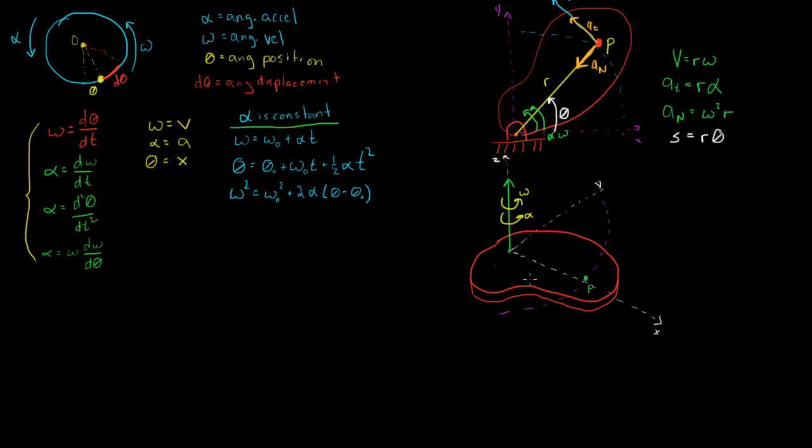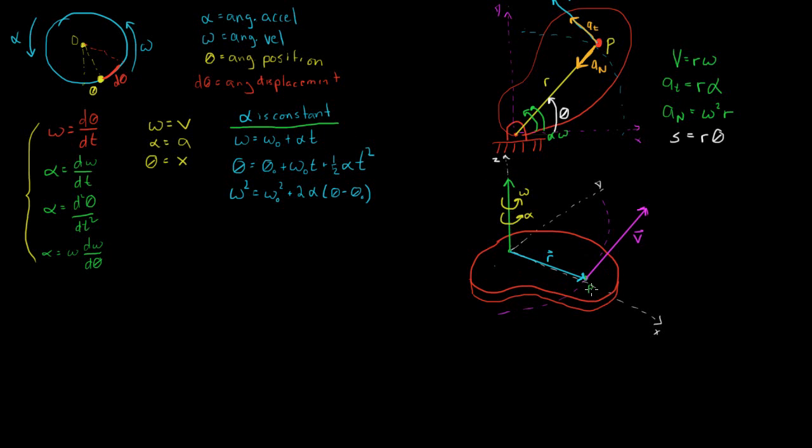If we define the position of point P with a position vector, so this right here is going to be our position vector r, we know that point P is going to have a velocity that is tangential to the path it's traveling on and is 90 degrees from this position vector r. So right here we have a velocity, and here's its velocity vector. And its velocity vector is 90 degrees with its position vector.